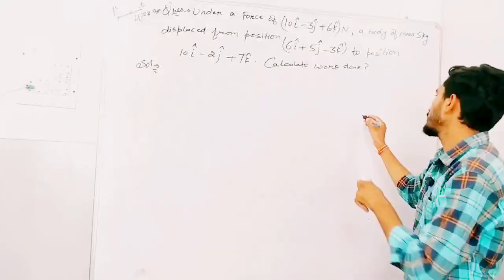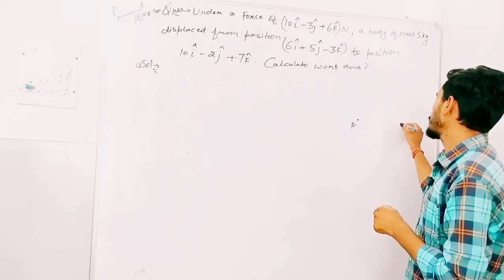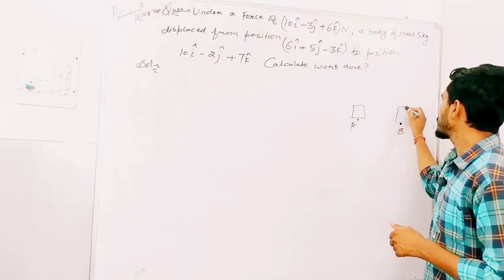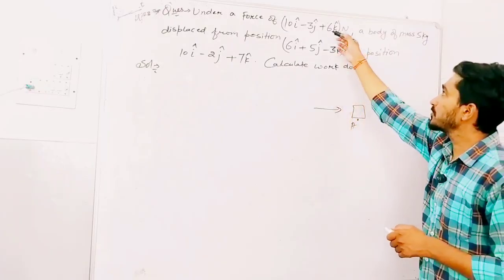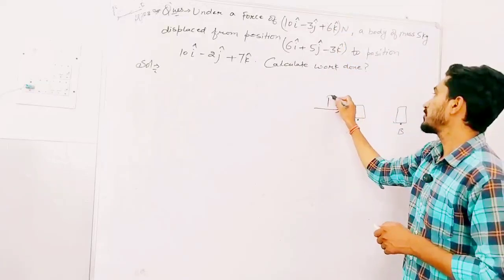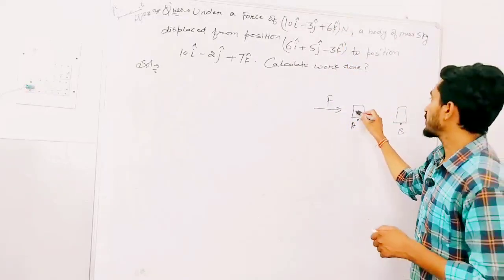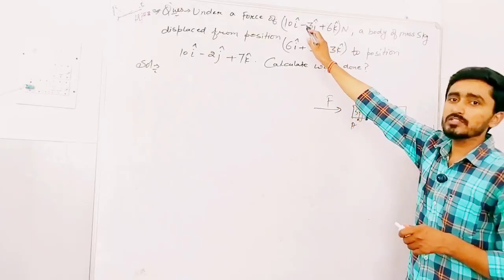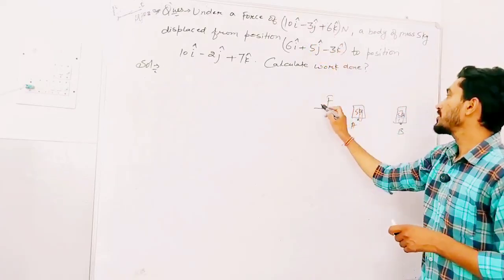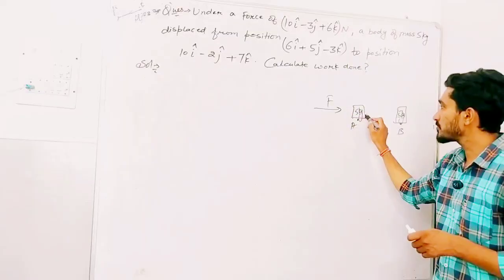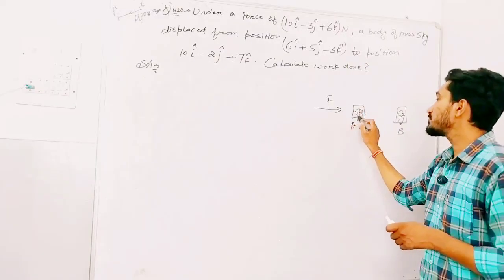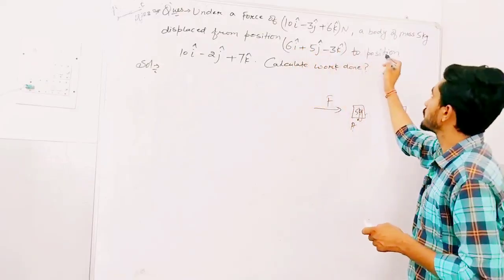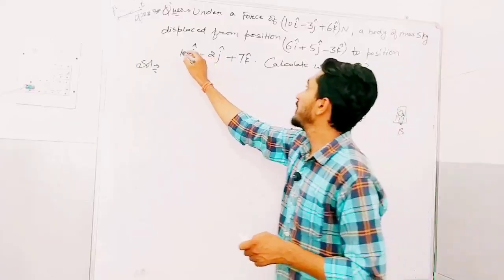For example, this is position A and this is position B. A force of this amount in Newton is applied on this object of 5 kg mass, and the force applied on this object changes its position, or displaces it, from A to B.